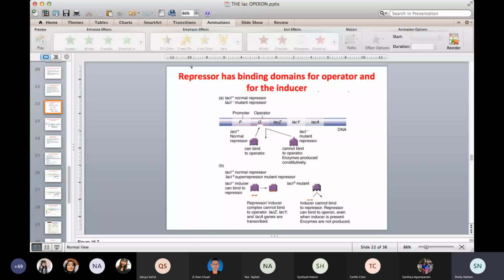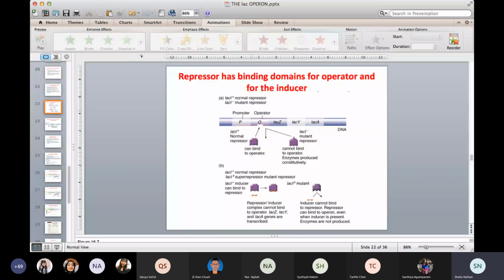The first example is a LAC-I mutant. The genotype is written as LAC-I minus or LAC-I negative, where the negative sign indicates that it's a mutant. So now the LAC-I gene is mutated.